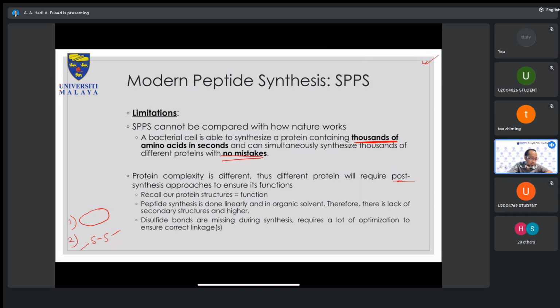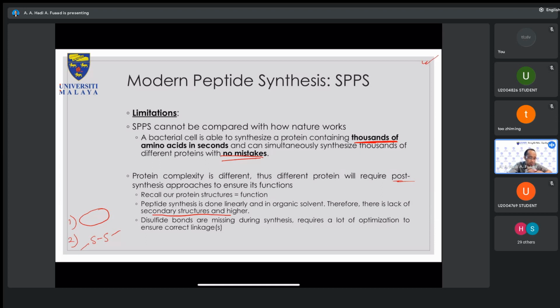So peptide synthesis is done linearly in organic solvent, therefore there is a lack of secondary structure, which is another disadvantage. You synthesize it all in organic solvent, so definitely there's little secondary structure. There can be secondary structure, but not as complex as what we've seen in the different levels of protein structure.